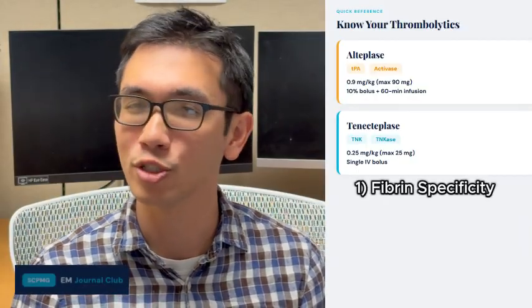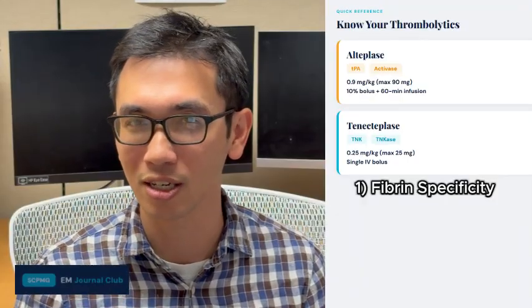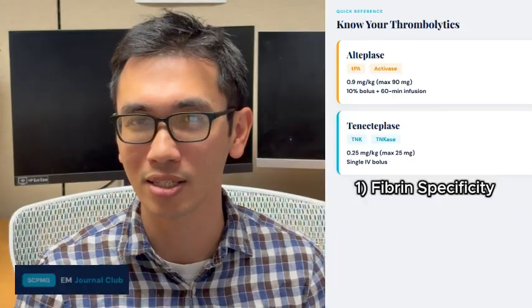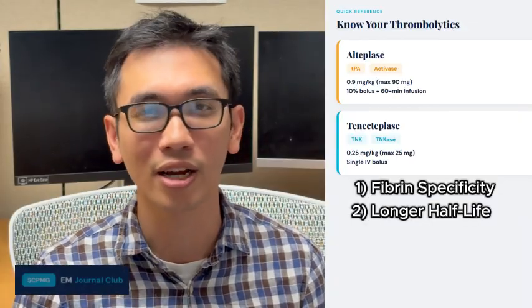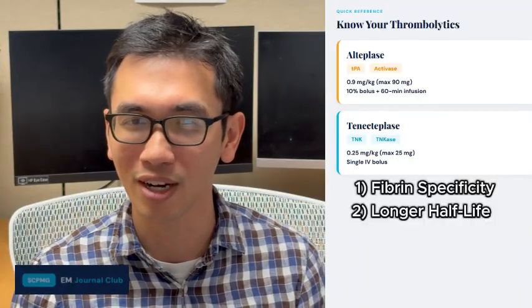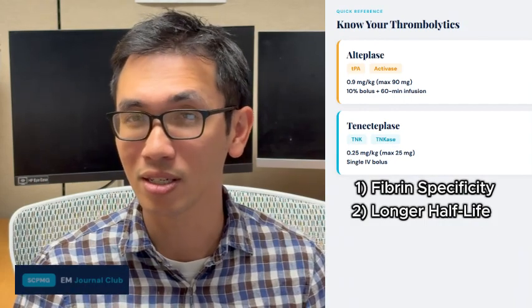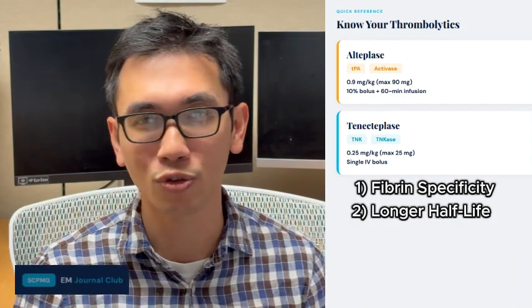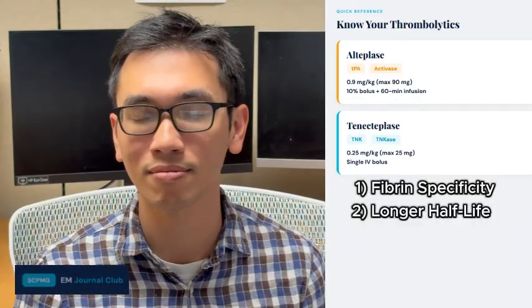First, it has greater fibrin specificity, meaning it's more targeted at the clot and less likely to cause systemic fibrinolysis. Second, it has a longer half-life, about 20 to 24 minutes compared to Alteplase's 4 to 5 minutes. The longer half-life allows it to be given as a single IV bolus. No infusion, no pump, 1 push, and you're done.